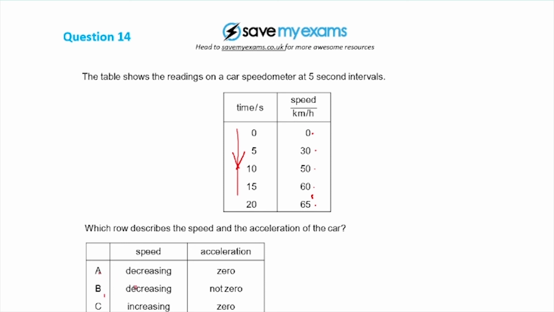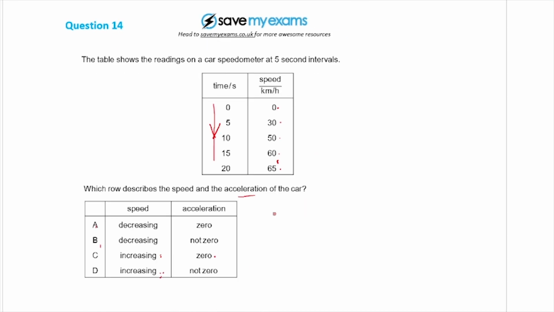So A and B are ruled out. The speed is increasing. Then what about the acceleration? They are telling us that the acceleration is 0. The acceleration can only be 0 if the speed is constant, but in this case we are saying that the speed is not constant, it's increasing. So meaning that the acceleration is not 0. So the answer is D.